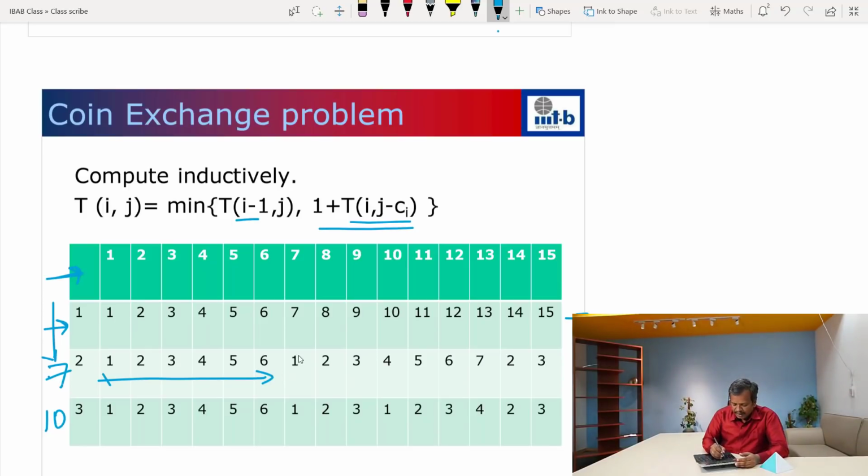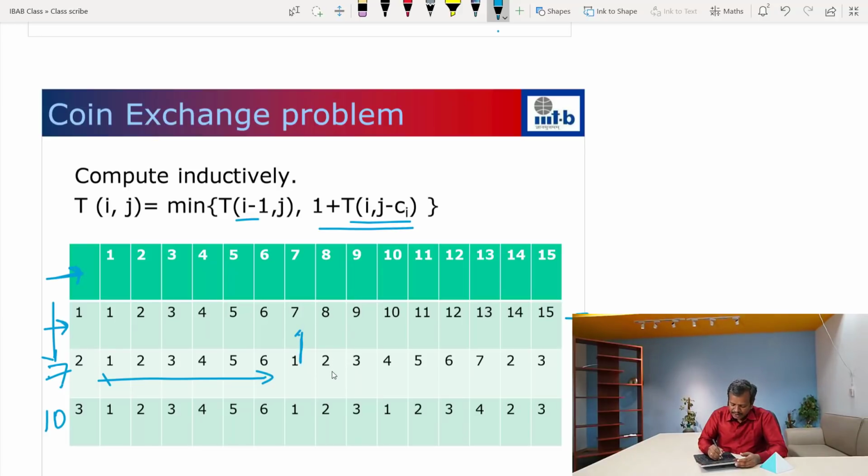One is t of I minus 1 comma j, an entry which is just above this, and the other is 1 plus t of I comma 7 minus 7, which is 0. That means I have to pay for 0 using the first two coins, and the number of coins required to pay for 0 is 0. So this will be 1 plus 0. So I pick the minimum of 7 comma 1, which is 1.